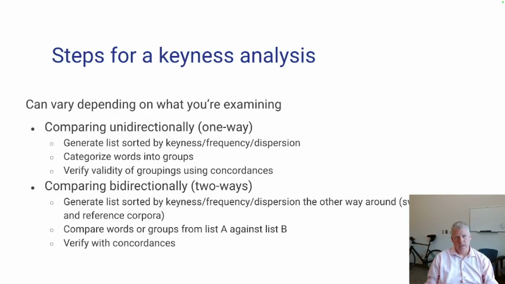You compare the words or groups from the previous list, when you had, say, corpus A as a target, with the second list, list B, where you had corpus B as the target. And then again, you go into the concordance lines and search for specific terms and make sure they are talking about what you think they're talking about, like the label you put on your groups. Those are the ways I do keyness analysis.